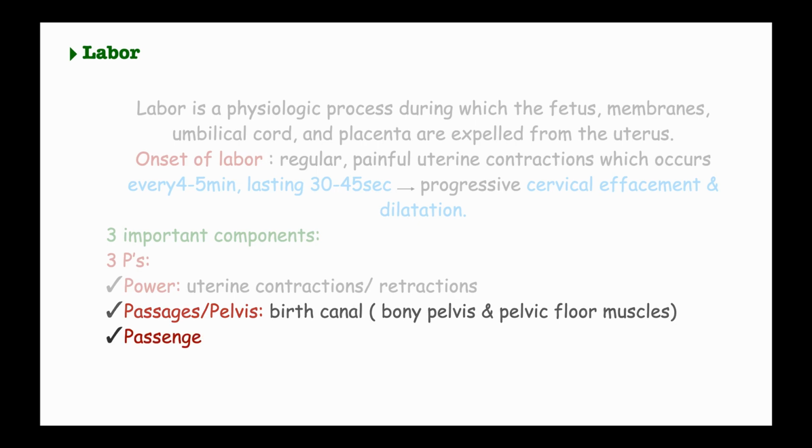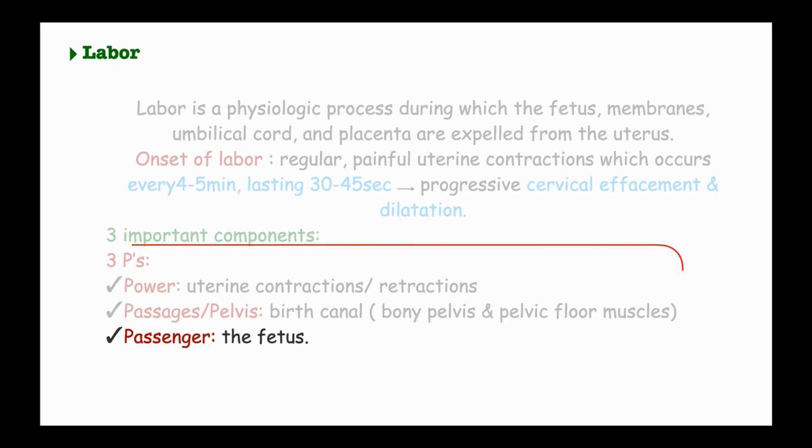And the third P talks about the passenger, that is the fetus itself. Now, any alteration in these three P's will lead to an abnormal labor, and so we shall spend some time to discuss them in detail. But before that, let's recap our knowledge in normal labor.